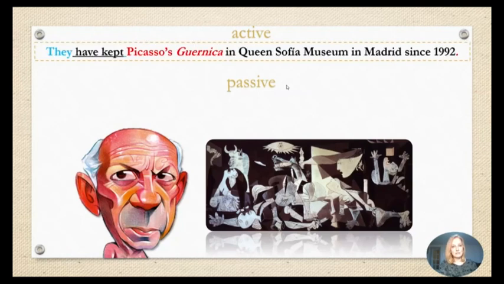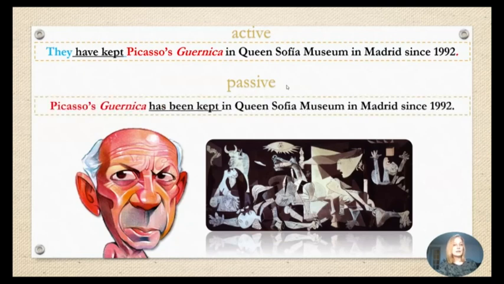So the active sentence is, they have kept Picasso's Guernica in Queen Sofia Museum in Madrid since 1992. It's the present perfect sentence, so Picasso's Guernica has been kept in Queen Sofia Museum in Madrid since 1992.